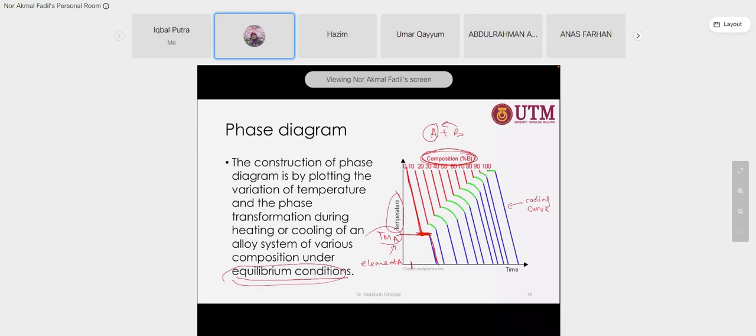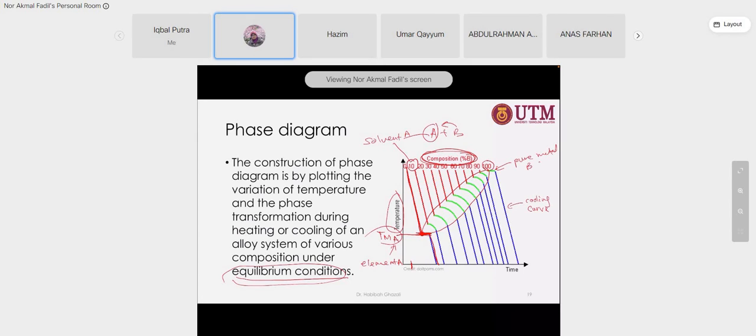This belongs to metal A. And then 100% B means it is pure metal B. In between there is a portion of B inside A. So at first they investigate the cooling behavior, the cooling curve, for the 10% alloy element of B inside the parent element of A. This is the solvent. At this point, A is the solvent. B is the solute atoms.